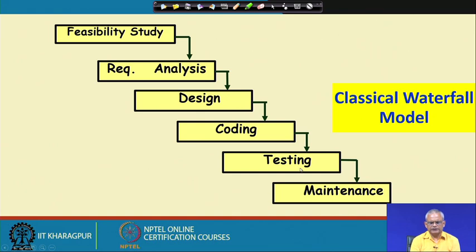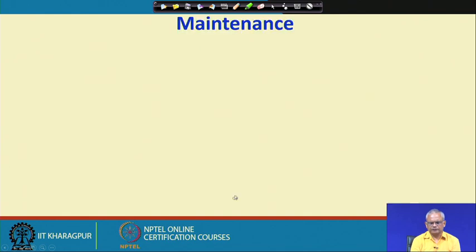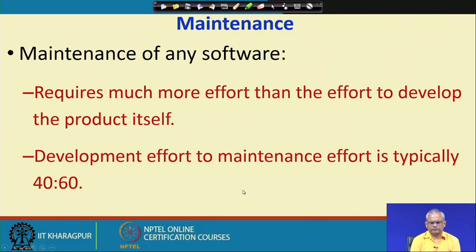And once the system testing is done, the software is delivered to the customer, and then is the starting of the maintenance phase, where if there are any bugs reported by the customer, they may get fixed, enhancements and so on. The maintenance phase continues for quite a long time. We said earlier that maintenance takes maximum effort, much more than the effort required to develop the product itself, because maintenance occurs over a long time.